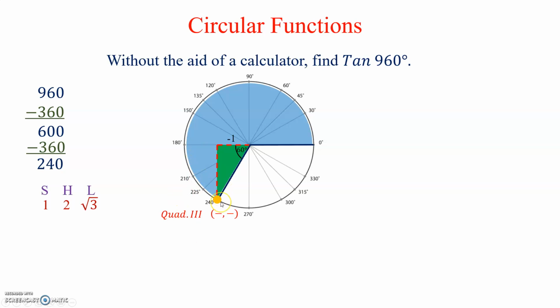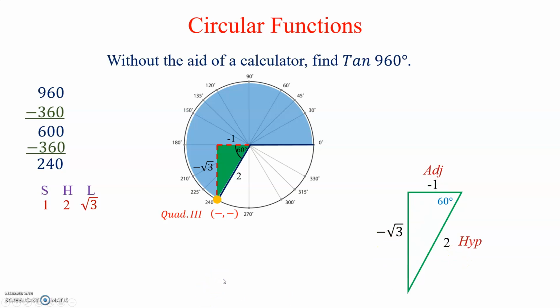Same with the long side, it won't be radical 3, it'll be negative radical 3. But the hypotenuse is still going to be 2, because this represents the radius of the circle. So we're combining what we know about right triangles, special triangles, and the Cartesian plane. Now we know what x, y, and r will be. If I took out this triangle, my triangle has values negative 1, negative radical 3, and 2.